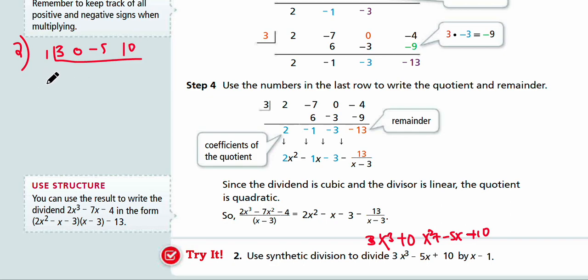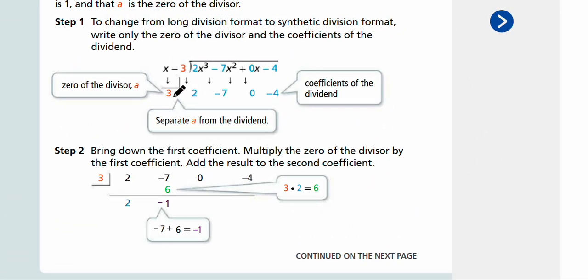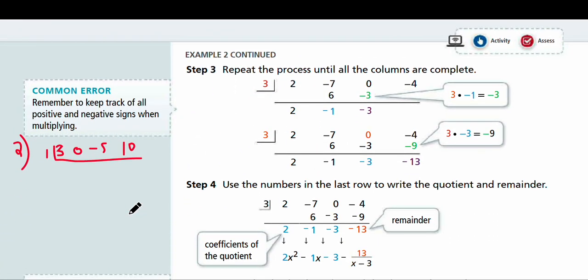And what is your first step? You put the 3 down, right? So step 1, put the first term down, and then you multiply by that number to get started. So put 3 down, multiply 3 by 1, you get 3.